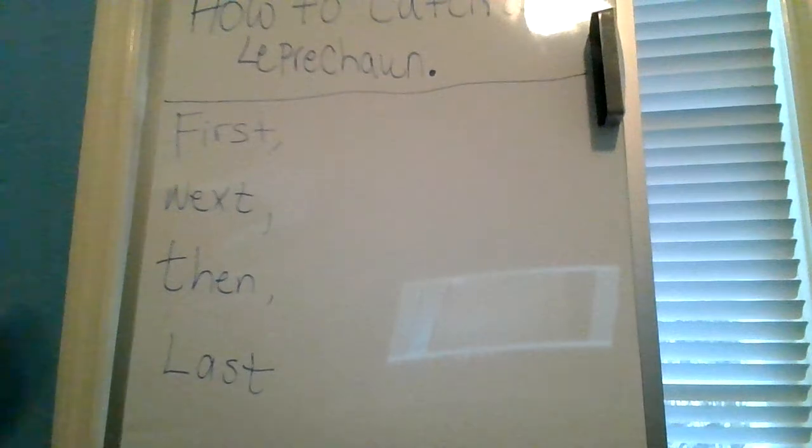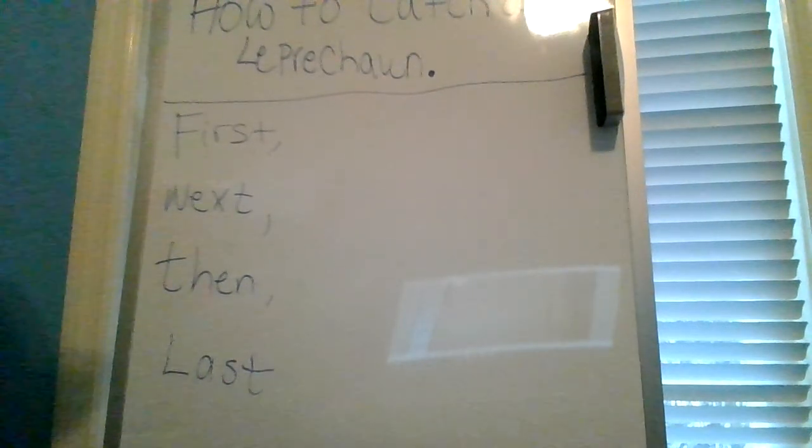So, how to catch a leprechaun. Now, you can do this on your own. Your parents can help you spell the words, but some words you need to try to spell phonetically.